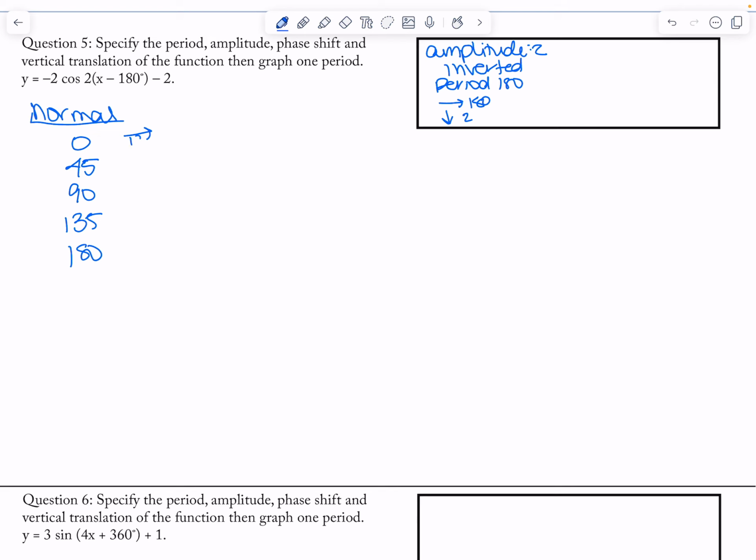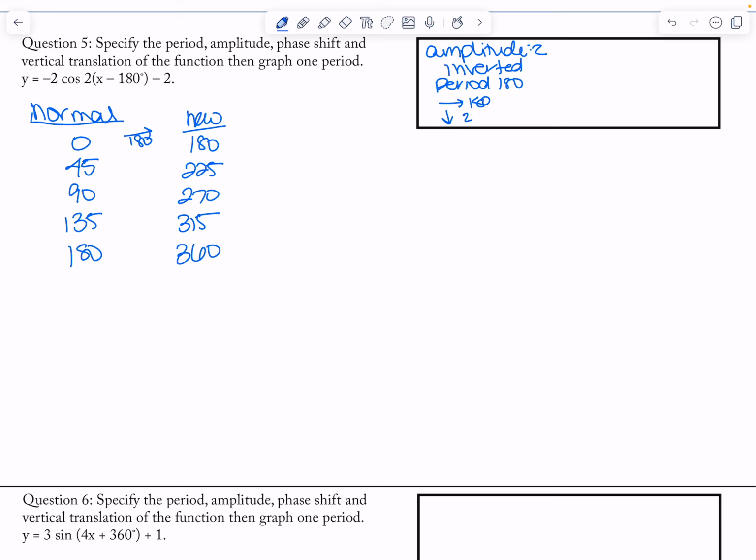I'm going to move to the right by 180, so my new values are 180, 225, 270, 315, and 360.